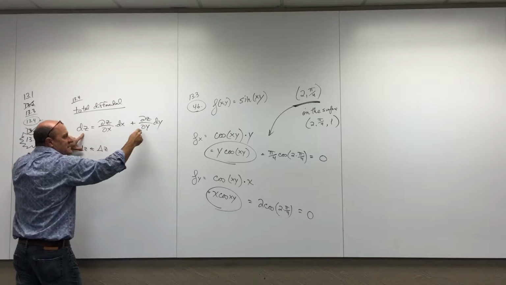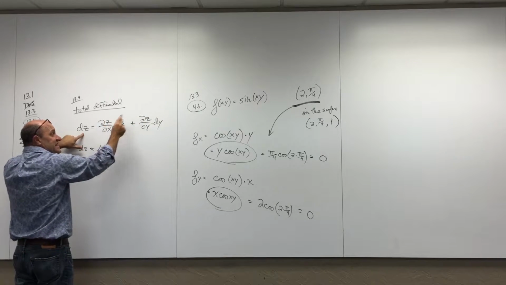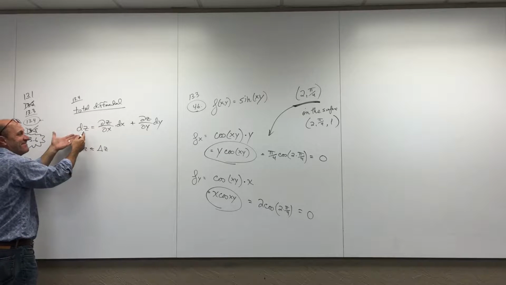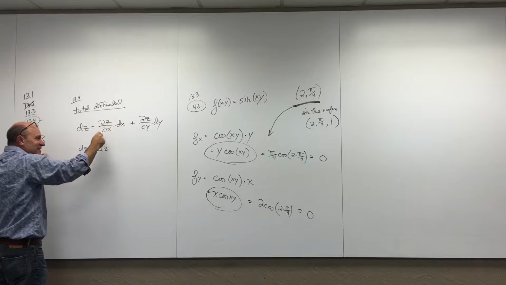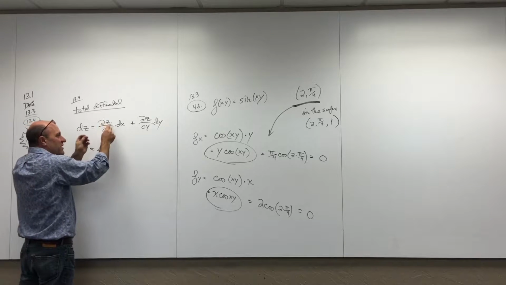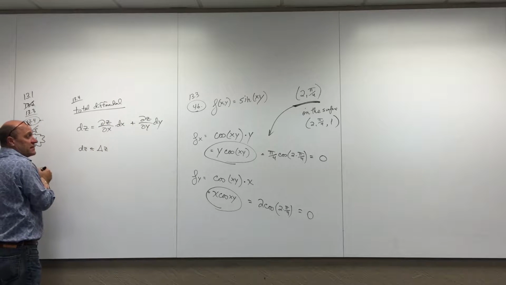And if these dy's cancel, you have a partial change in z. The two partial changes in z added together is your total differential of z.